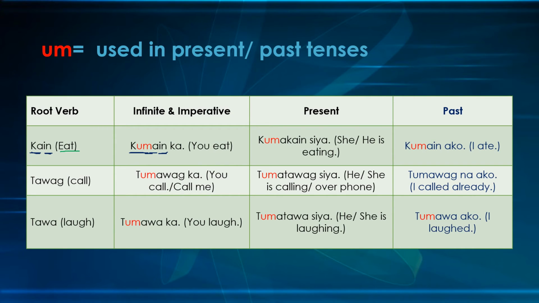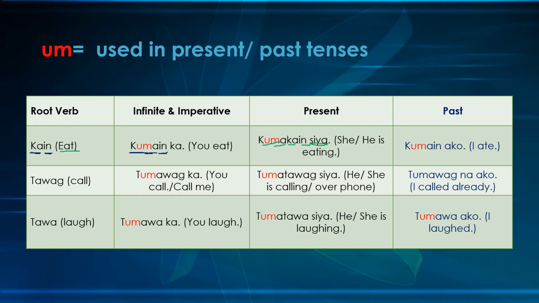In a sentence, we have kumain ka. It means you eat. For the present tense, we have here kumakain siya. It means she or he is eating.